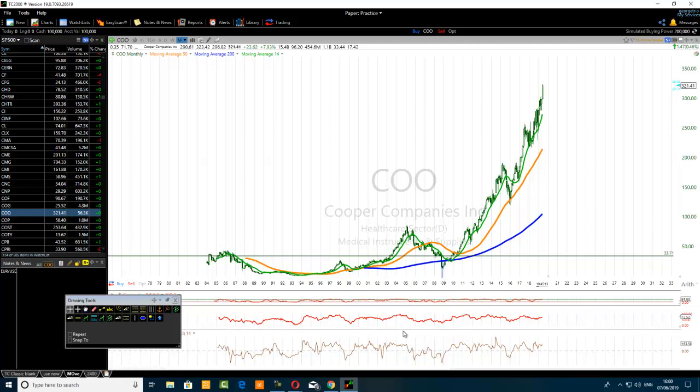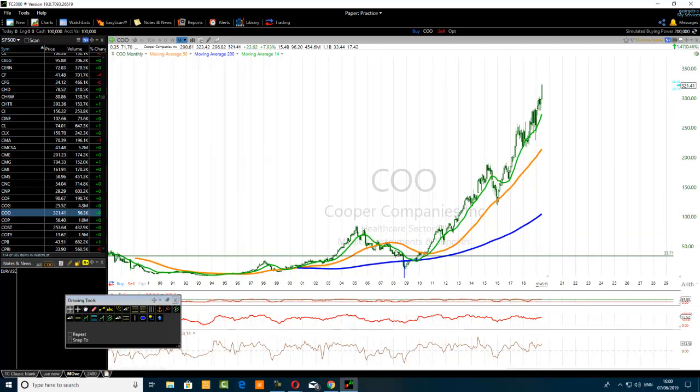One more thing before we wrap it up. If it goes below the moving average 200 as it did here, the first higher low above the monthly chart moving average 200 is a high probability trading setup. After it goes below the rising, did we say flat moving average 200?